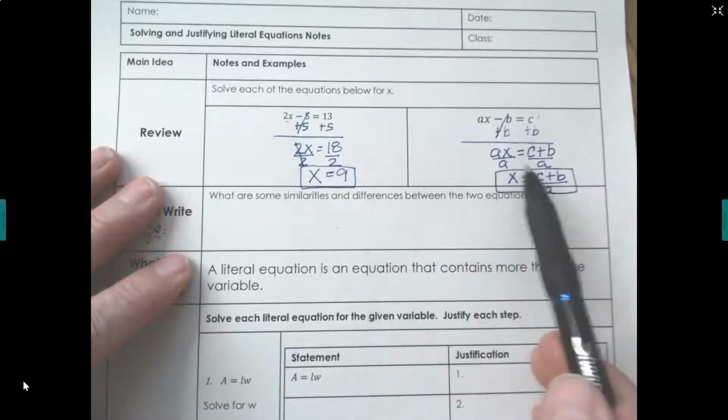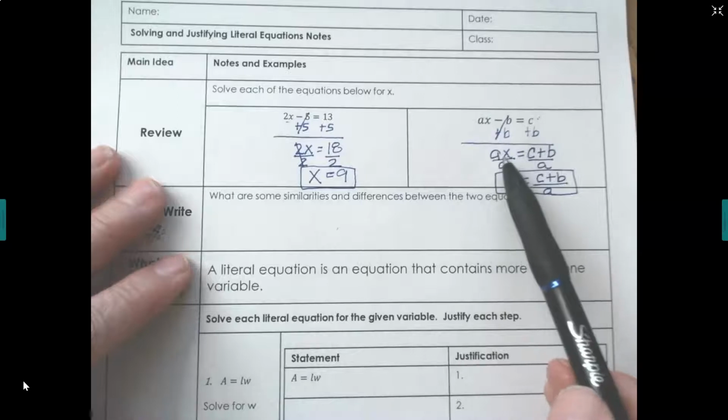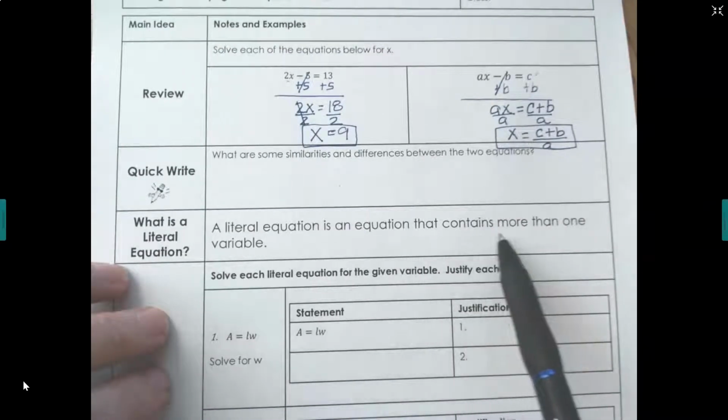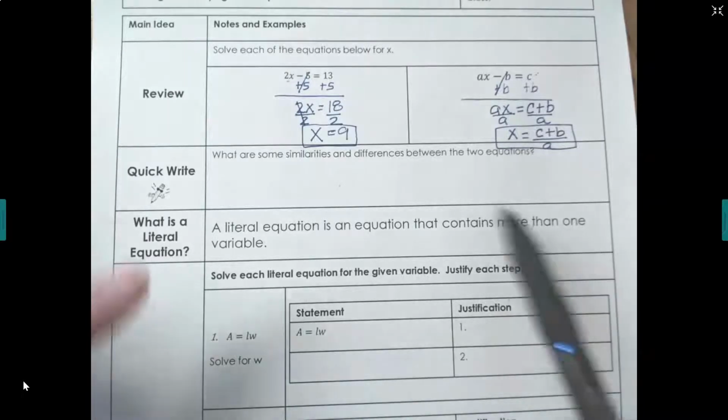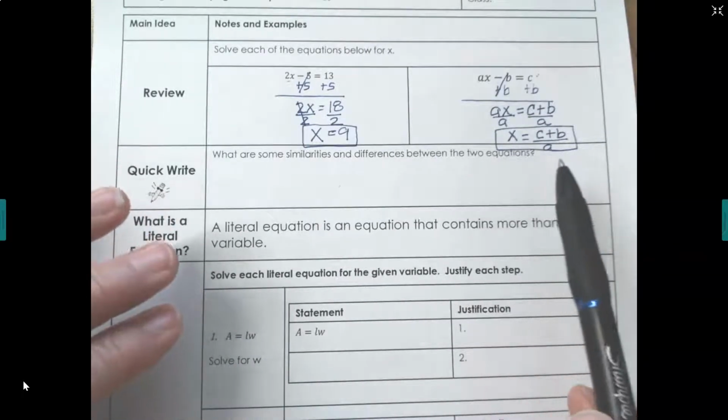So we use the same process in both of these equations. This is a special kind of equation called a literal equation, which is an equation that contains more than one variable. All right, so what are some ideas here? How are these two the same?